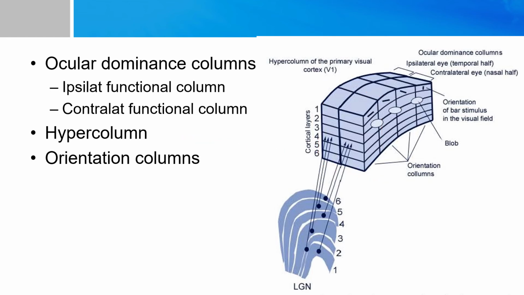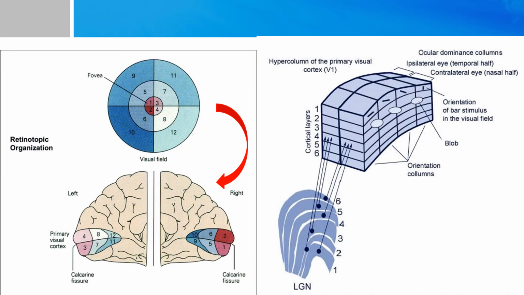Each of the hypercolumns is organized across the primary visual cortex in a retinotopic map that represents the visual fields, as depicted by the pictures on the left. Now this is basically just another way of saying that each point in the brain has a corresponding spot in the retina, and therefore the representation of the outside world is mapped onto the primary visual cortex.